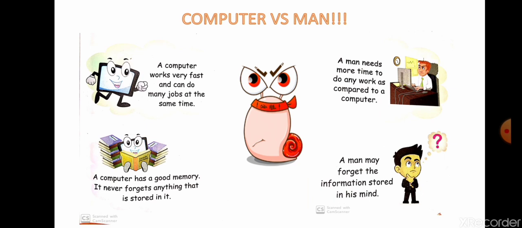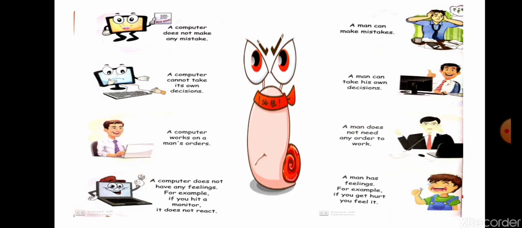While a man may forget information that is stored in his mind, a computer does not make mistakes in calculation or anything, but a man can make mistakes. A computer cannot take its own decision. So, the question could be, how can the computer take its decision?